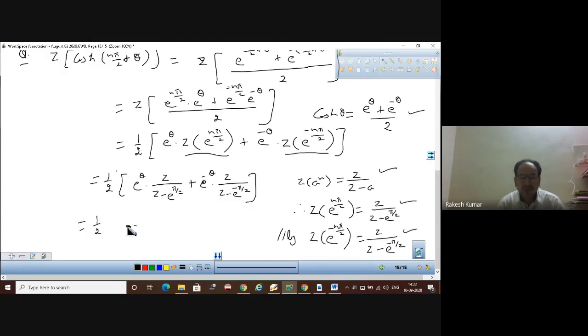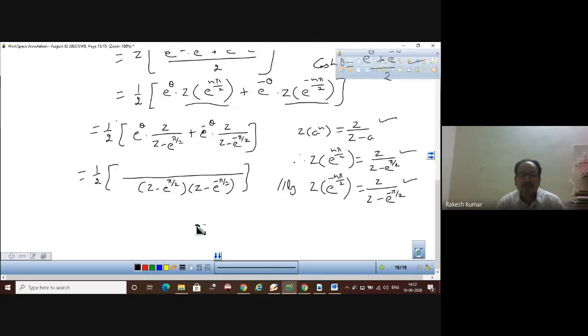That is 1 by 2, and you can take the LCM, and it can be written as z minus e raised to power pi by 2 and z minus e raised to power minus pi by 2. We are going to take the LCM over here just to simplify the expression.